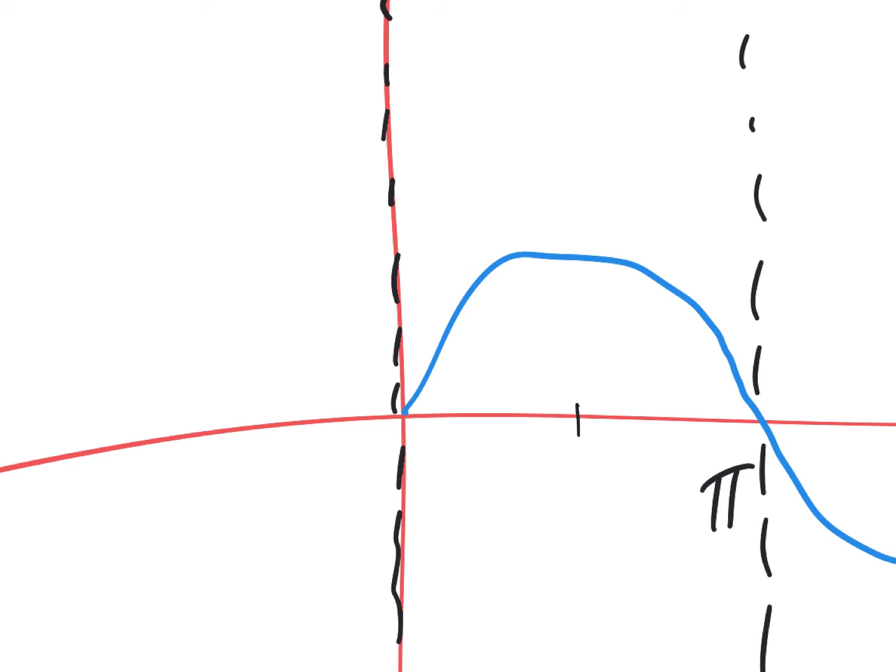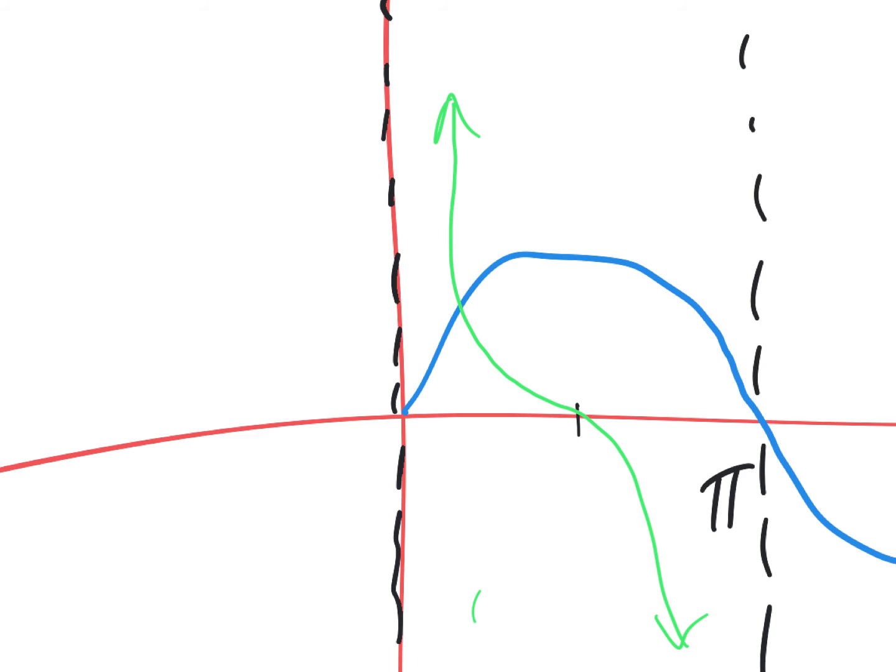So here's tangent. I'm making it green. Nope, that's tangent. What are we trying to graph? So then it's a flip of that. There's cotangent.